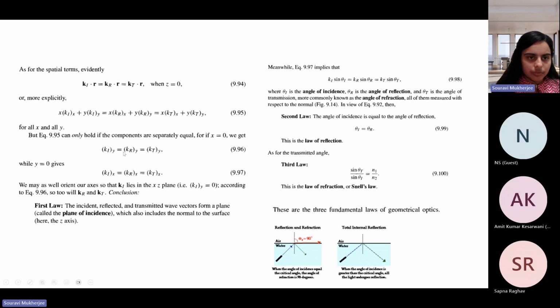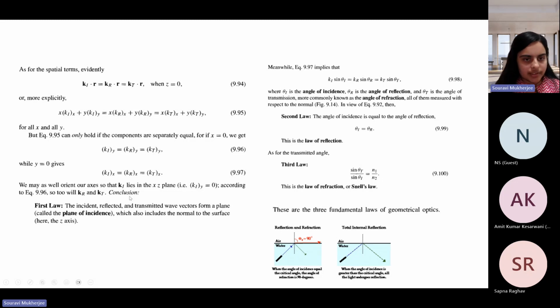Now, it's interesting that you start with Maxwell's equations, but now you are talking about the fundamental laws of geometrical optics. Suppose x is 0, so this term goes away, then you can say that all the y terms should be equal. While if y is 0, this tells us that all the x terms should be equal.